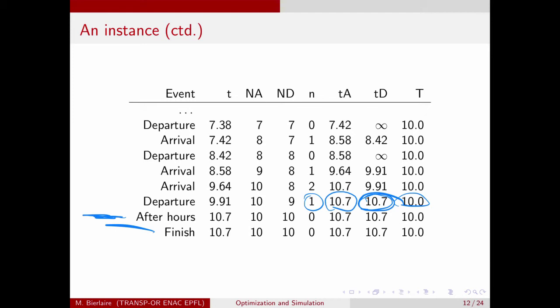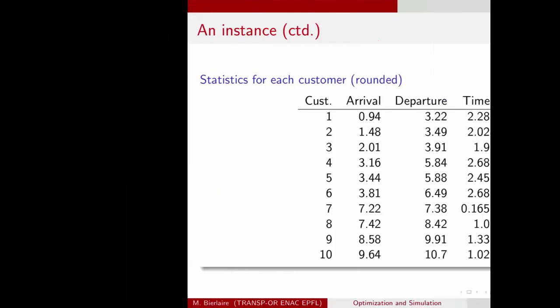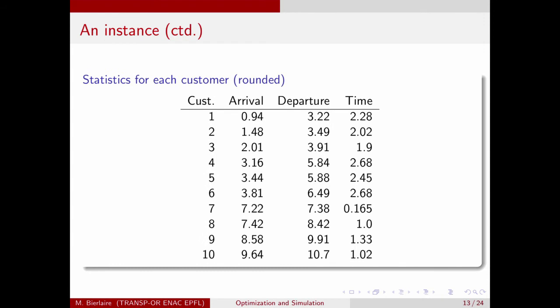So this is one instance of the simulator, and remember, we have collected statistics on the way when we were bookkeeping the variables and the list of events. Basically what we did is to keep track of everything that happens for each customer.